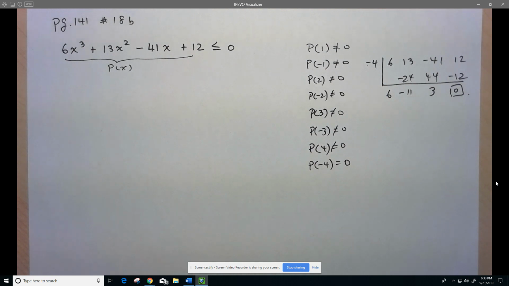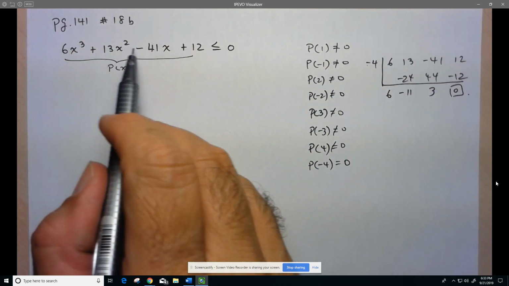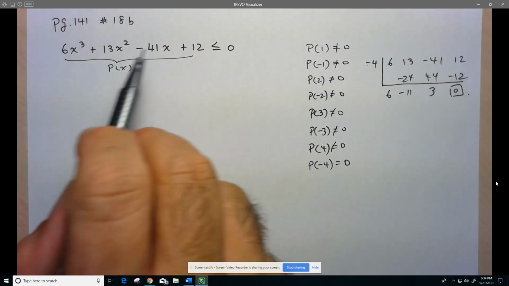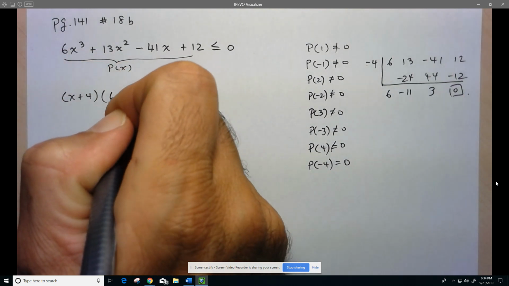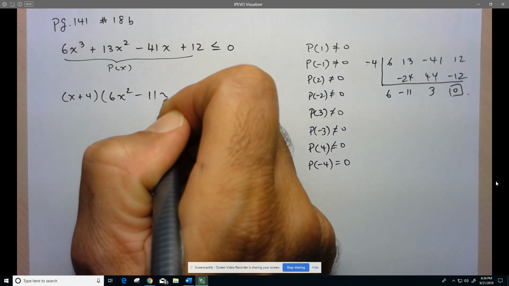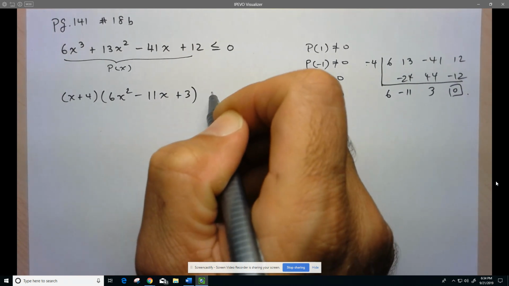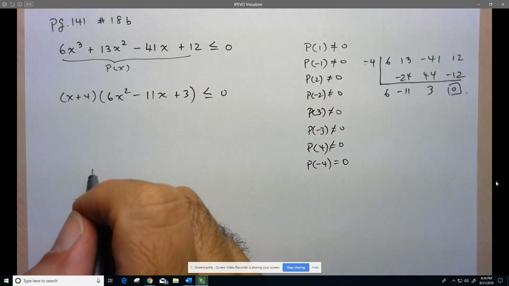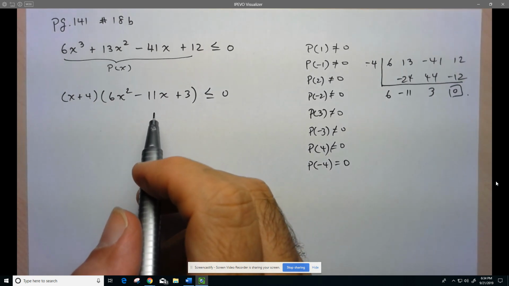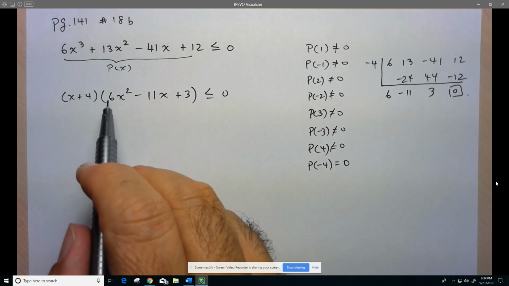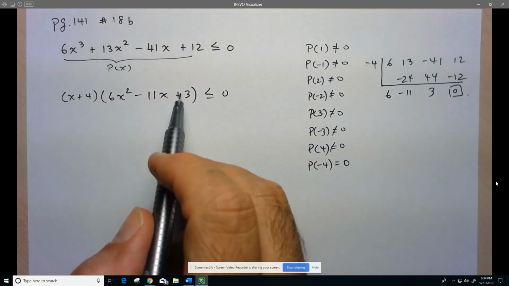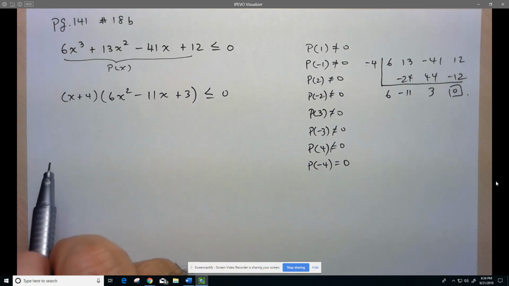All right. So that means that this expression here can be written as x plus 4 times 6x squared minus 11x plus 3, and that needs to be less than or equal to 0. So let's see if this is nicely factorable. Well, here, if 6 is 3 and 2, 3 times 3 is 9, and then the 2 should get me to 11.